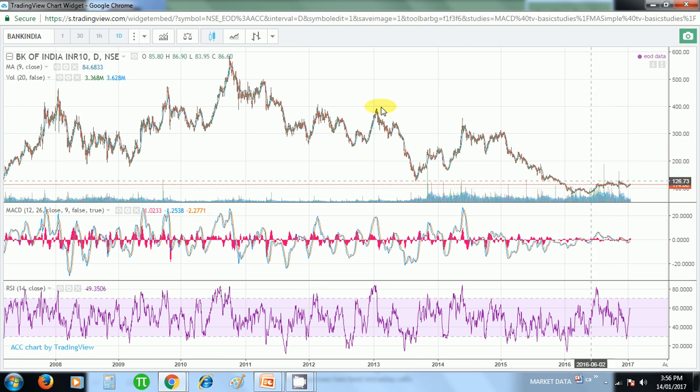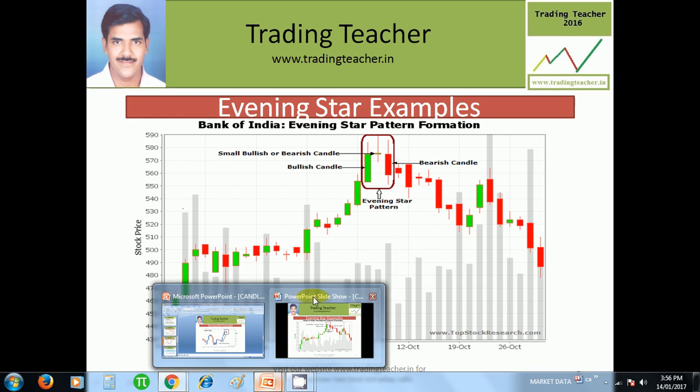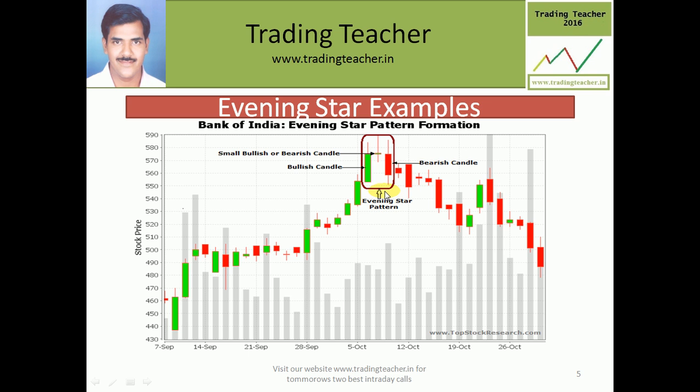You should observe that the volumes are also much higher after that day. So what is my intention regarding this pattern? You should not be in a buying position or buying in the cash market and holding it for 1 year or 2 years. It is not the case like that. So you should think and you should identify the pattern.